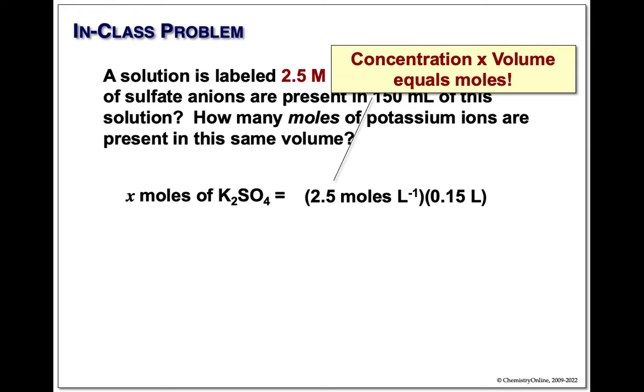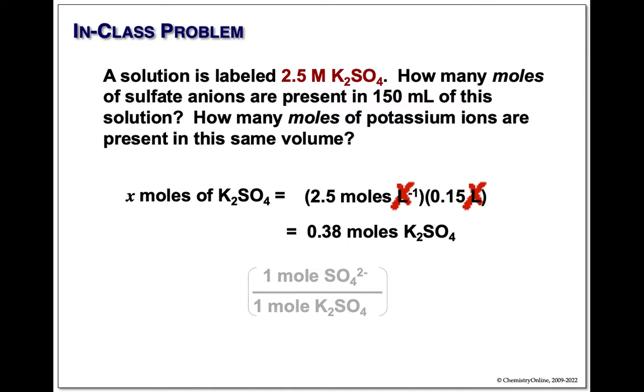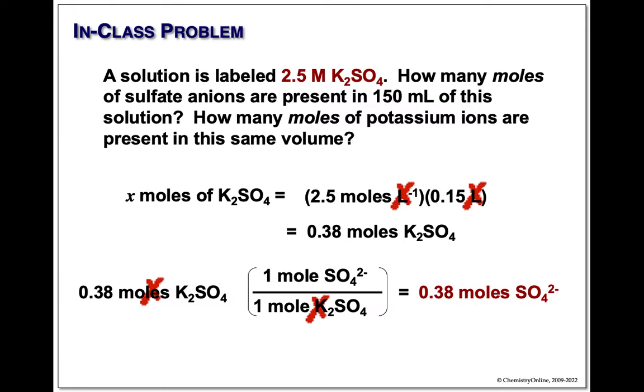Moles of potassium sulfate, concentration times volume. Liters cancel, and we get 0.38 moles of potassium sulfate. Now every potassium sulfate has 1 sulfate, right? There's our mole ratio. So we're going to take our mole ratio, the number of moles, simply multiply them, and we get the same concentration. 1 mole of sulfate for every potassium sulfate.